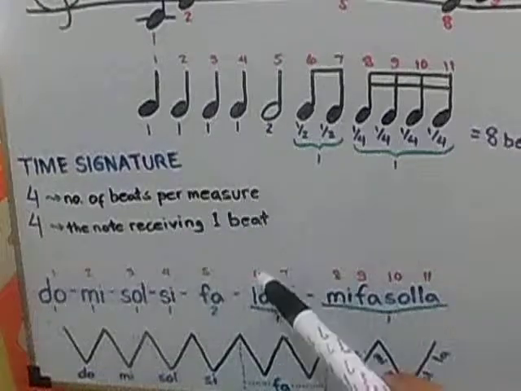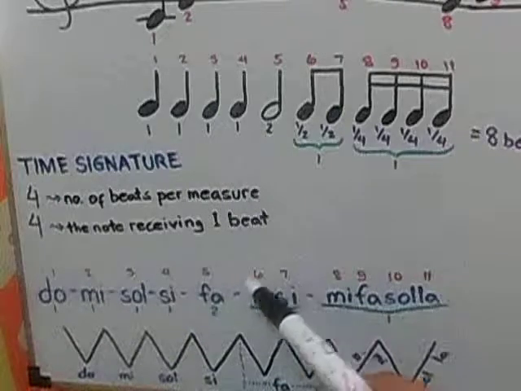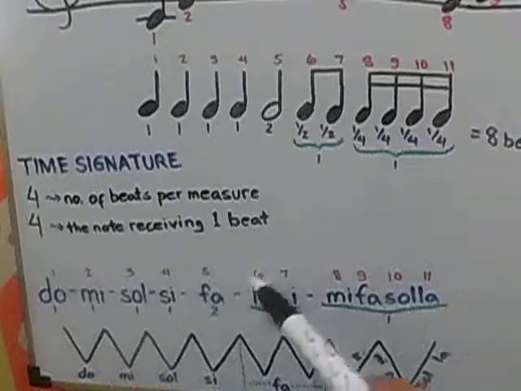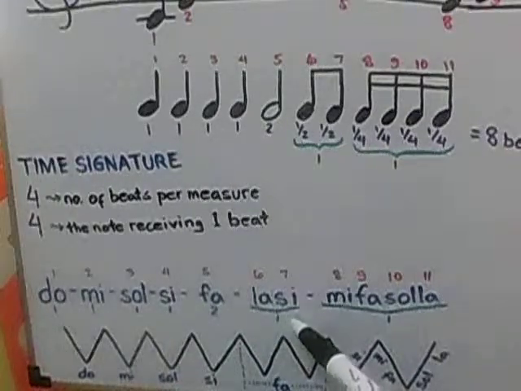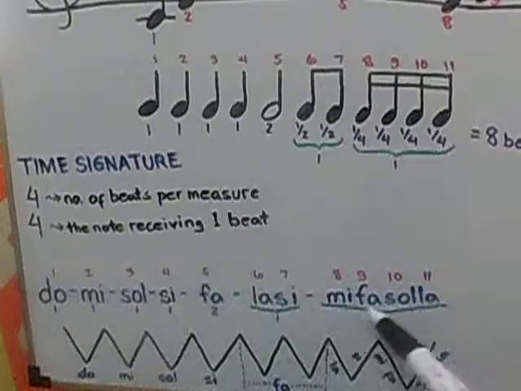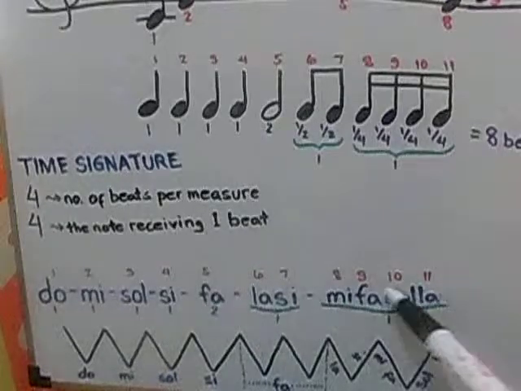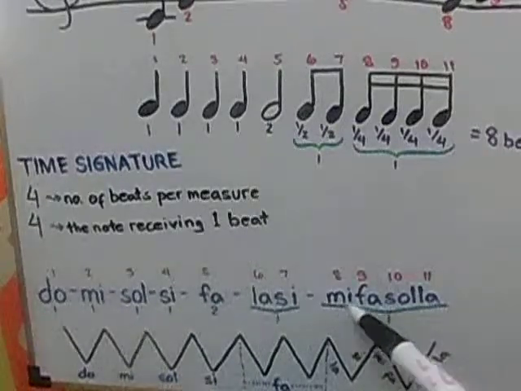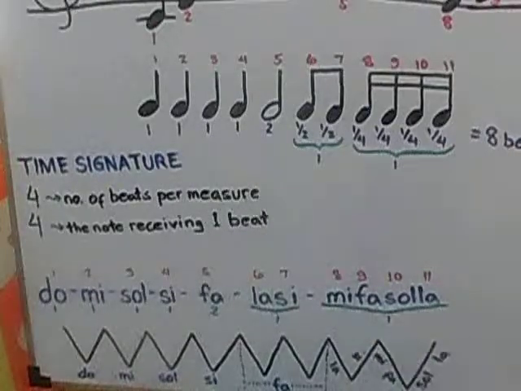I combine note number 6 and 7 to emphasize that these two notes are just equivalent to one beat. As well as for notes 8 to 11, mi, fa, sol, la, I combine these to form like a word to emphasize that these 4 notes are just good for one beat.